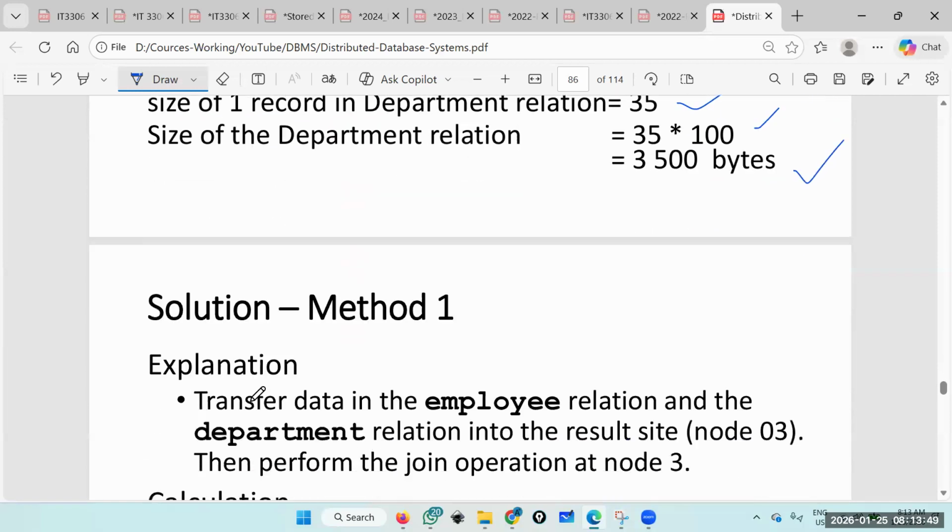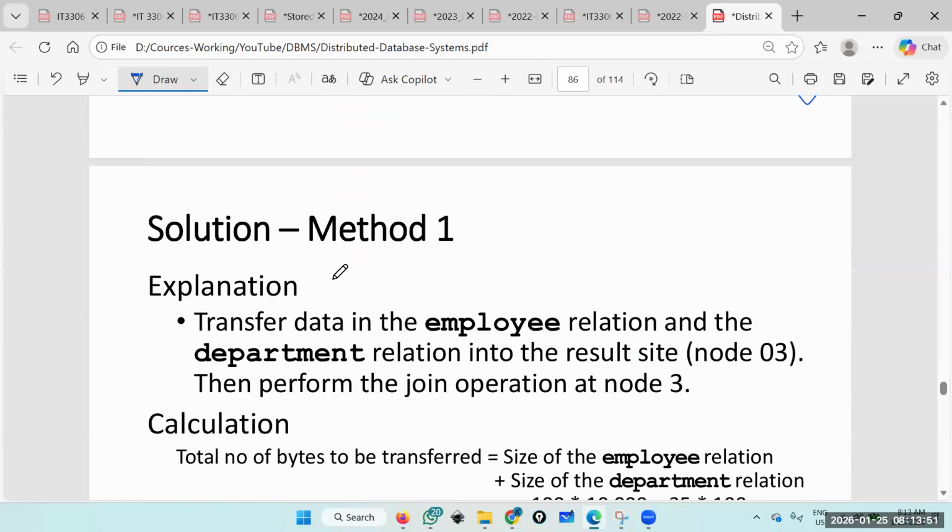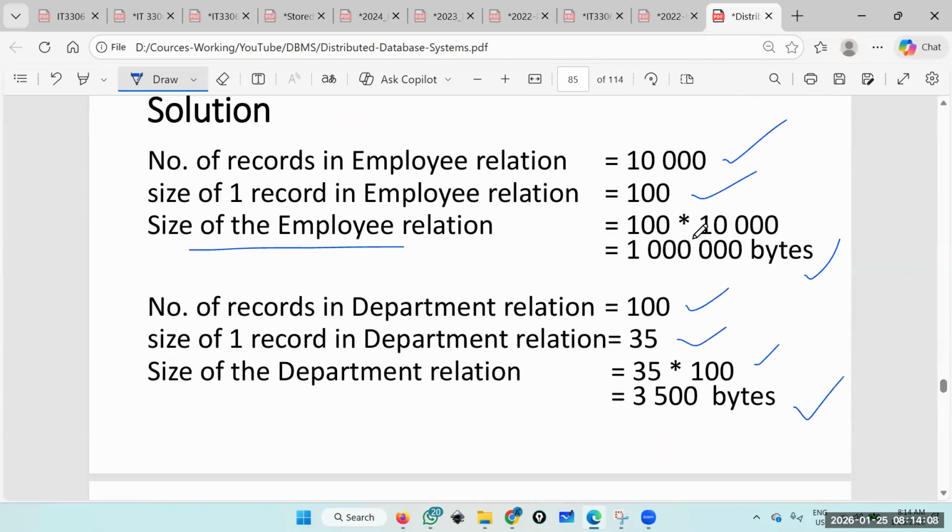Now let's look at possible strategies, possible approaches. Let's say we transfer employee data and department data to site 3 and then perform the join there. That means you take this amount of data into site C, this amount of data into site C, and there you do the join. Actually, this may be very costly.